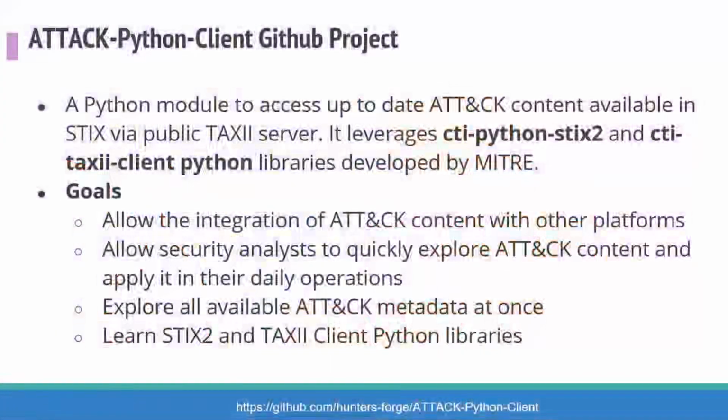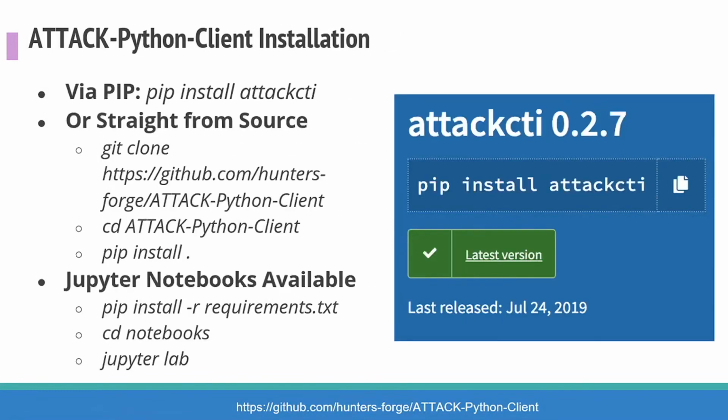In order to query this data, Roberto created a Python library, attackcti, which works on top of the two libraries that MITRE created. You can install it via pip or directly from source. If you want to learn more about this library, you can go to the link below. We have a lot of resources there that will help you understand the library and use it to query the information.